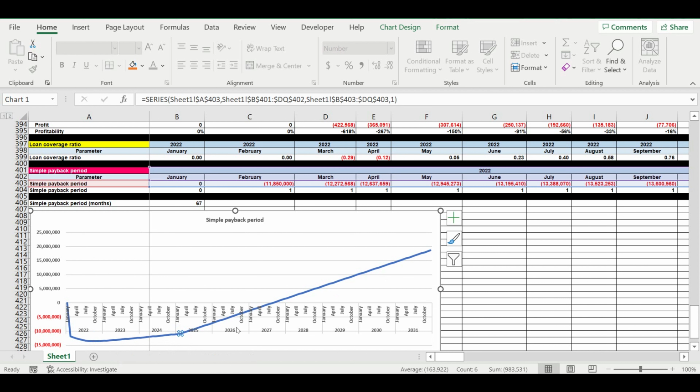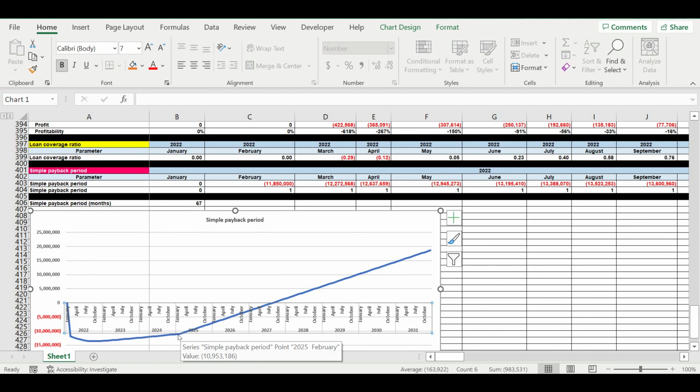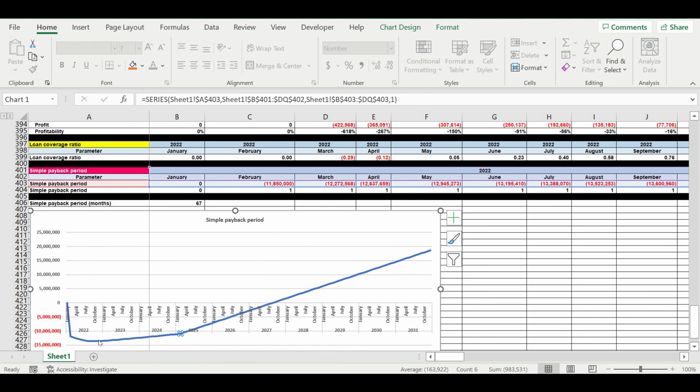If you look, the angle of this diagram is changing because here we have a loan affecting the profit, and here when the loan is over, the behavior of the diagram starts changing.